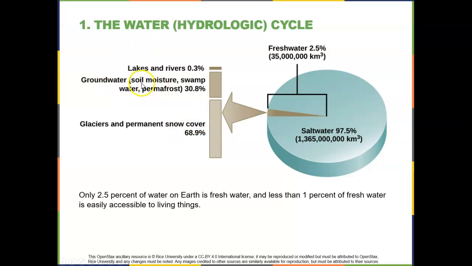So this is water that's in the soil, in swamp water, or locked up again, frozen as permafrost, 30%. And only 0.3% of all the water on Earth is found in lakes and rivers. So this is a very small amount of water. Less than 1% of all the fresh water is accessible to living things that need to utilize that water to stay alive.